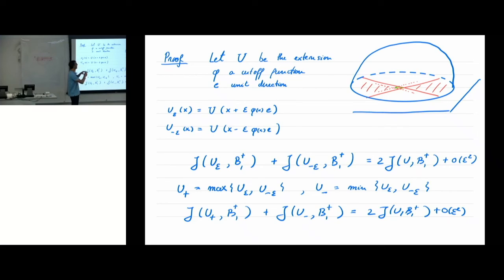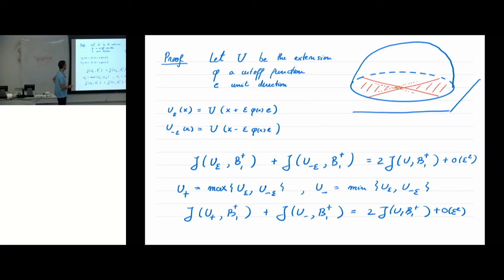Then I want to do a compact perturbation, so I have to cut off. I translate it, but somewhere I want to reconnect it back to the original set in B1. Here phi is a cutoff function that is 1 in B_{1/2}, but is 0 outside B1. So I create two translations: first I translate to the right by epsilon e and then to the left.